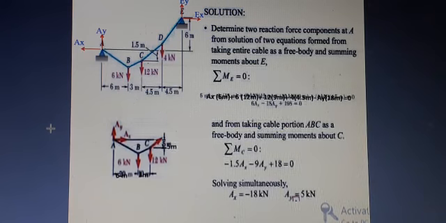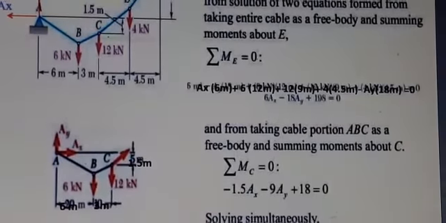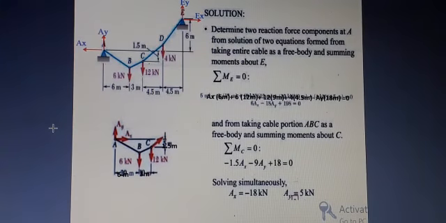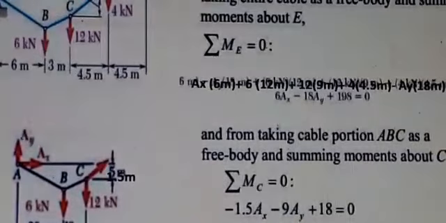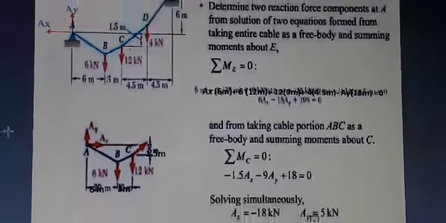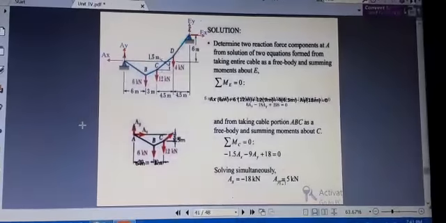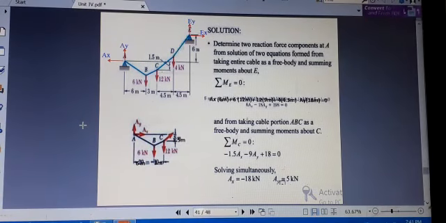This is the FBD of the cable. Applying the conditions of equilibrium, that is, summation of moment about point E is equal to 0, you will get the equation 6AX plus 18AY plus 198 is equal to 0. Then cut the cable at point C and take the left hand side portion of the cable.